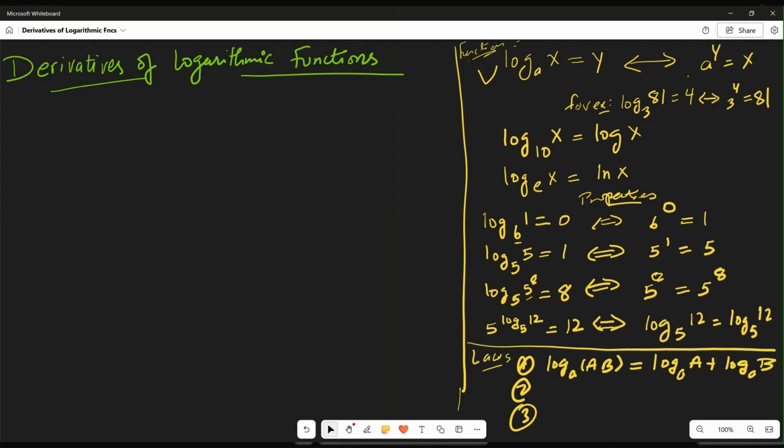The next is log with any base of a over b is equal to log a minus log b. And then the other law is the power one: log with base a of b to the power c is simply equal to c times, with the power coming down in multiplication, log b.